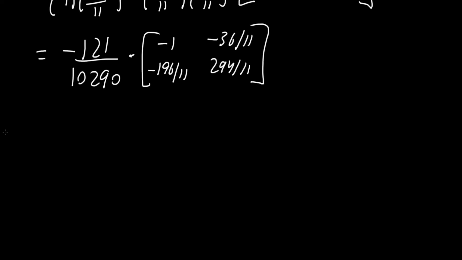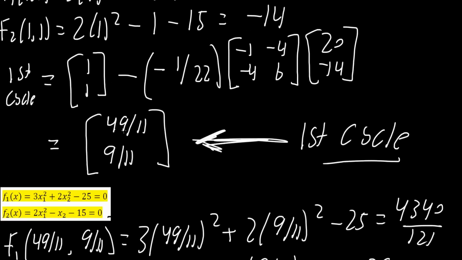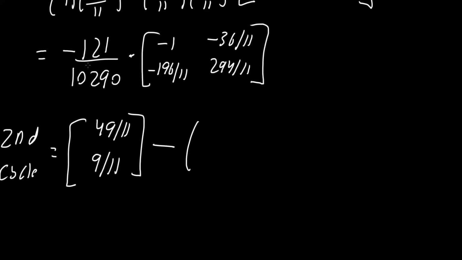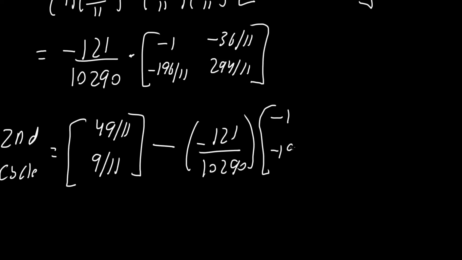After that, we can say now our second cycle. And that's going to equal our first cycle. We got these two numbers, and so I will write it down here. 49 over 11, and in the bottom 9 over 11 minus parentheses this negative 121 over 10290 like this times this matrix negative 1, negative 196 over 11, negative 36 over 11, 294 over 11.